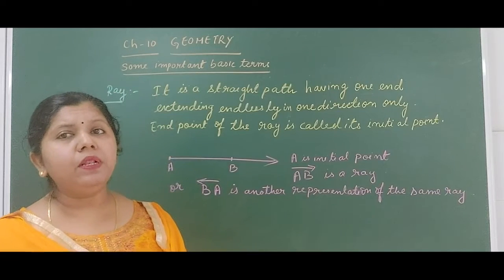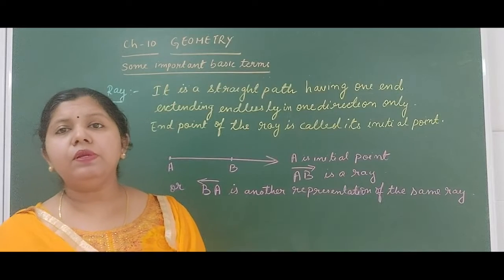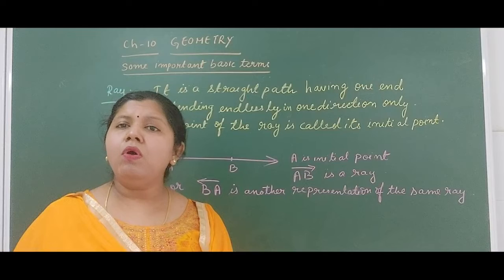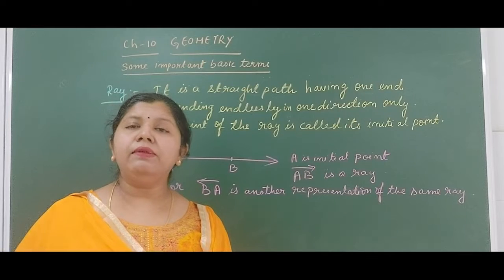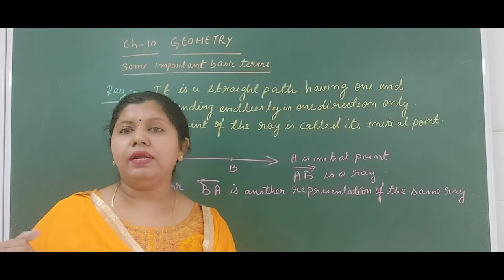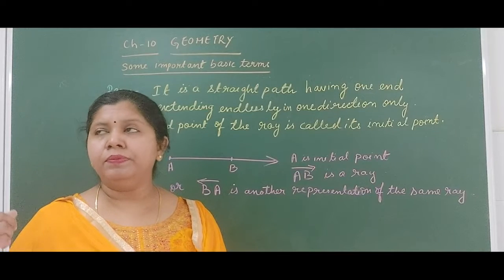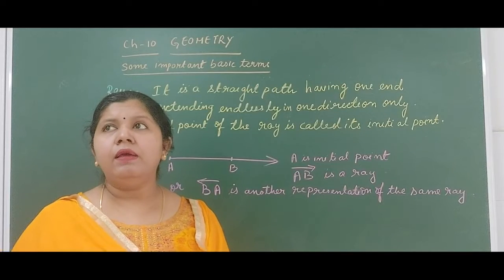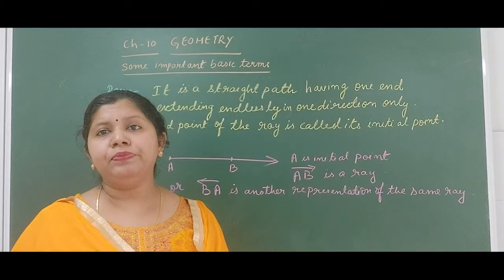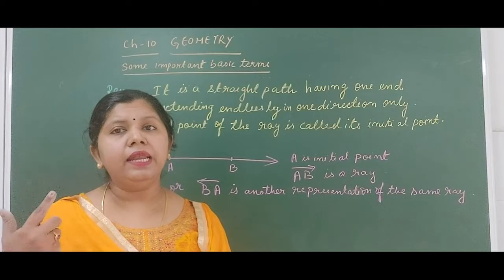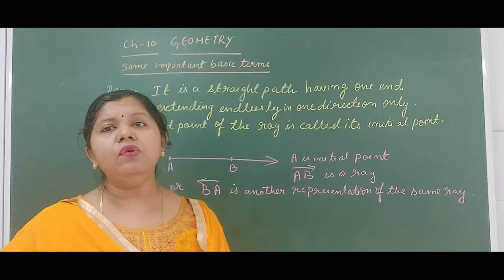The best example of a ray is the light ray which I have told you, or even the angle which is drawn is also made up of two rays. You can also define a ray as any line which is extending only in one direction.